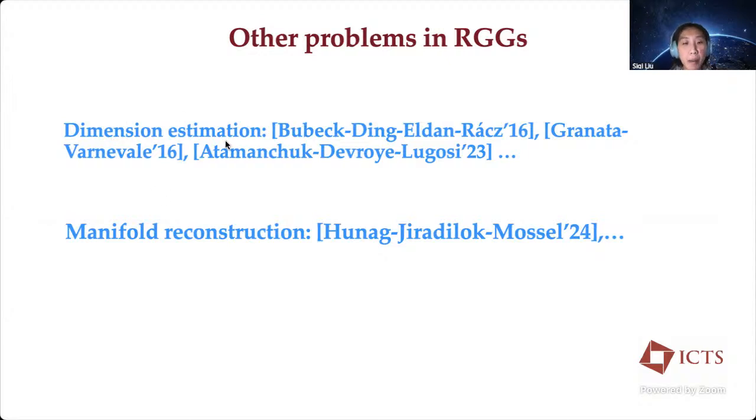There's also the manifold reconstruction question, in which you're given a random geometric graph, and the question is to recover the entire metric among the given points. This is a bit related to the recovery problem, but you can think more generally about this problem over other manifolds.